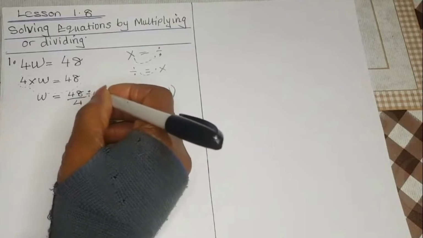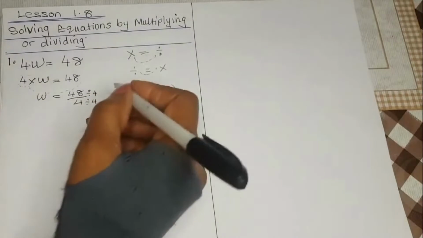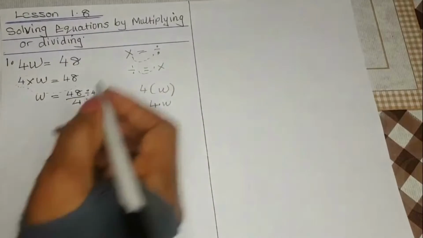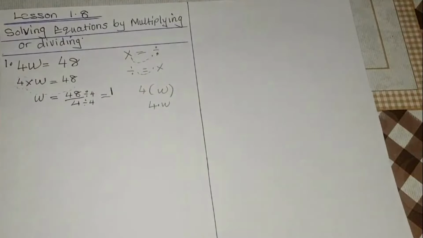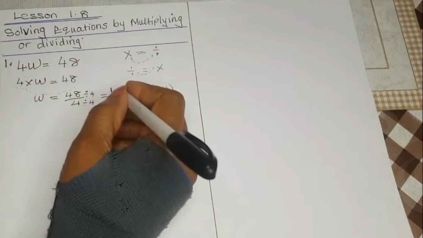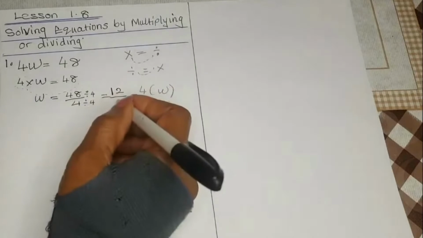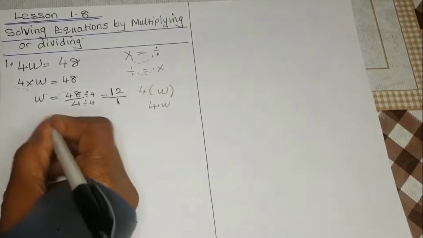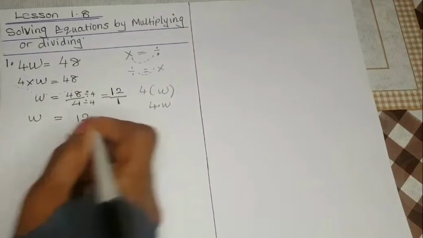So we divide the upper one by 4 and we divide the lower one by 4. This is going to give us the answer. 4 divided by 4 is 1. 8 divided by 4 is what? Okay. 4 divided by 4 is 1. So the answer here, W, will give you 12.